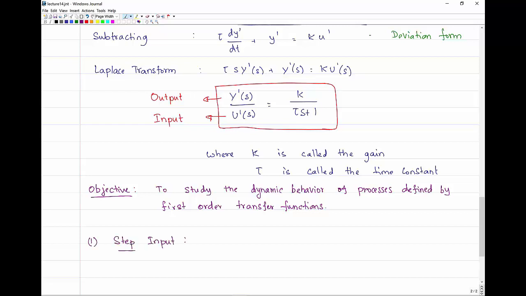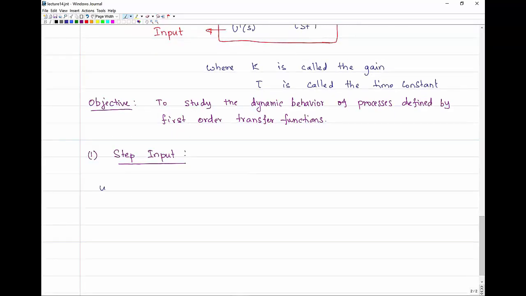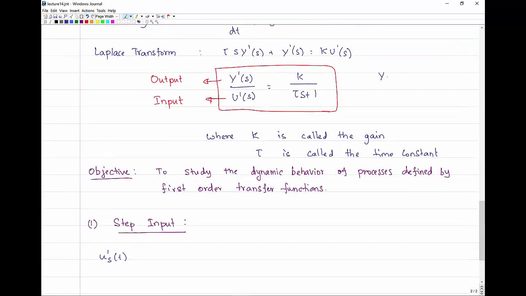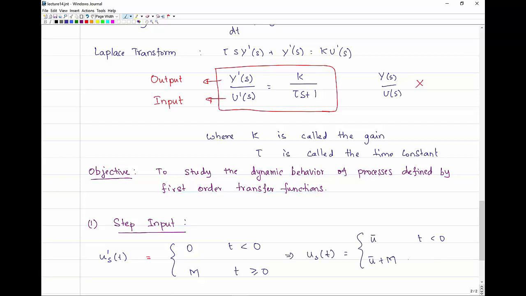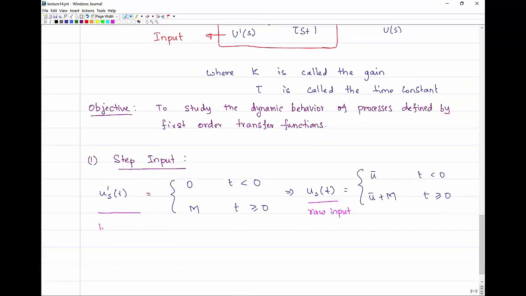Let's first consider a step input. In the deviation form, the step input u prime is going to be equal to 0 for negative times and is going to be equal to a constant of magnitude M for all positive times. The same input in its raw form is going to take a different value.